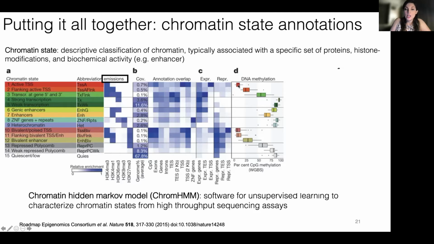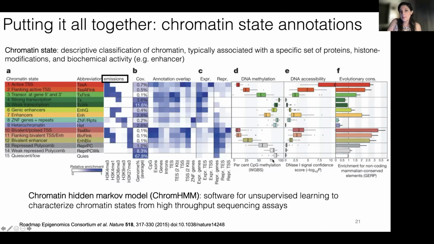Also with methylation, the CpG percent methylation was less at these active transcription start sites. CpG methylation is a specific type of methylation, and it's the strongest in this repressed region of the genome. So that all makes sense.